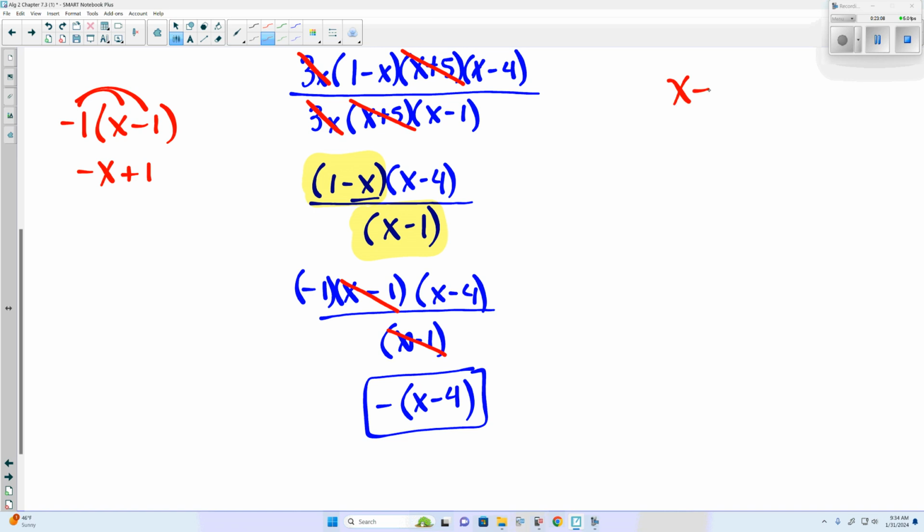So x minus 4. We could factor a negative 1 out of this. We can pull a negative 1 out. And if I factor a negative 1 out of positive x, it becomes negative x. If I factor a negative out of negative 4, then it becomes positive. Because by pulling that negative out, we're changing the sign of both terms. Yes?